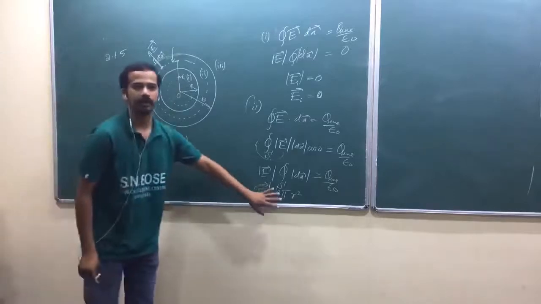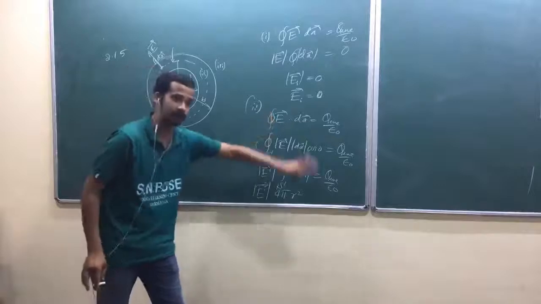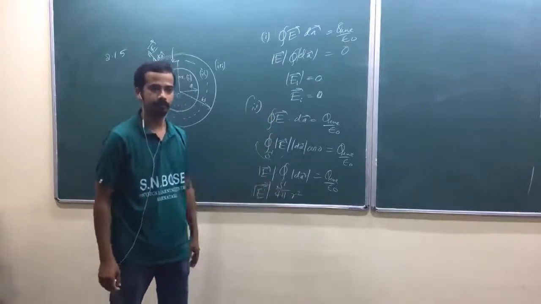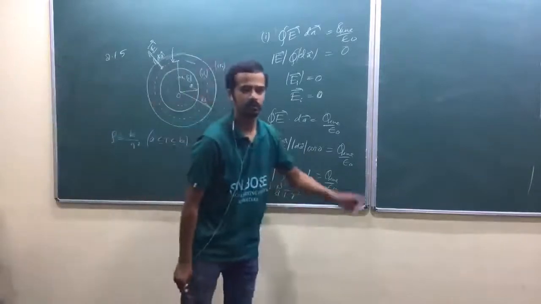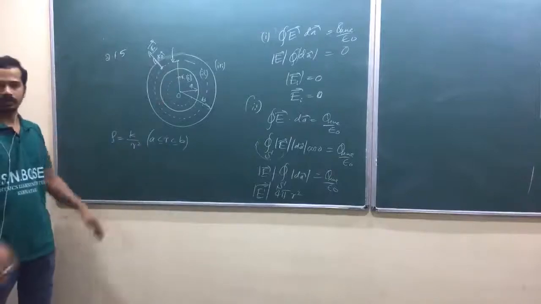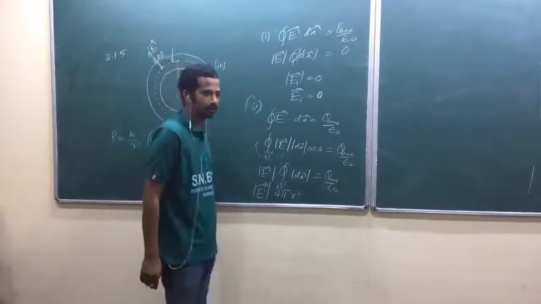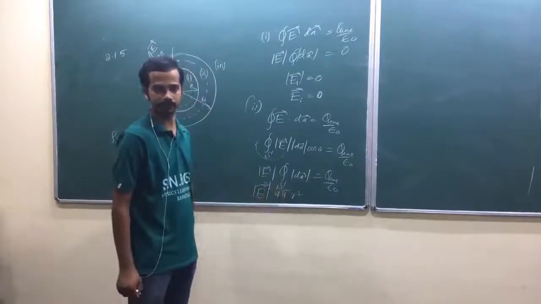Again, this part will be the same for all cylindrical symmetry problems. That will be 2 pi s into L, the total curved surface area of our cylinder. Just observe that and try to write this part directly later after some practice.